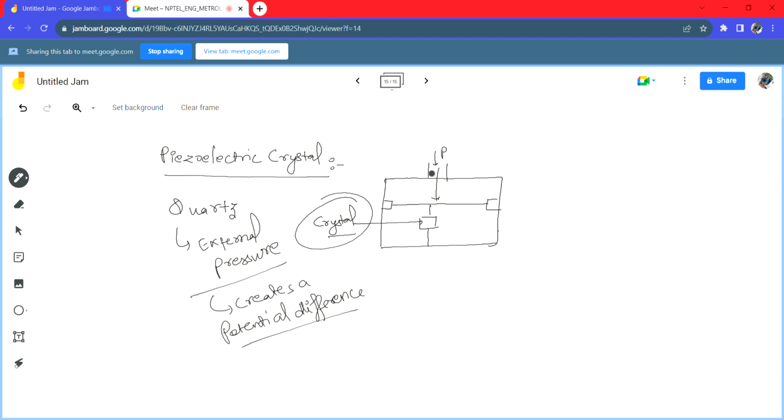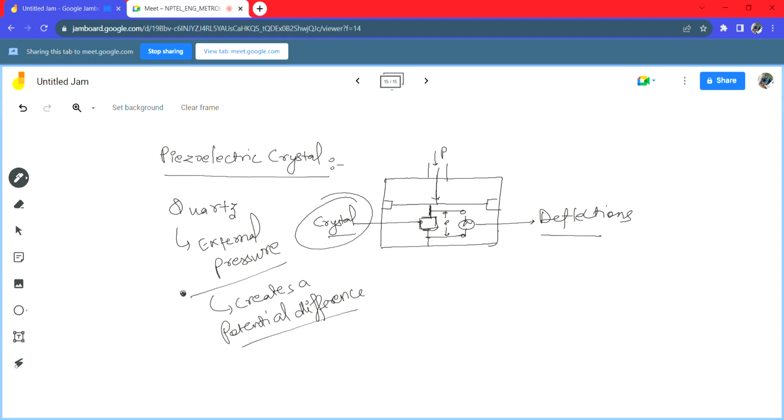Now, if we apply a galvanometer over here, this will start showing us deflections. Why? Because this pressure, when applied to this plate, will eventually compress this piezoelectric crystal, and with its properties it will start causing generation of potential difference E over here.